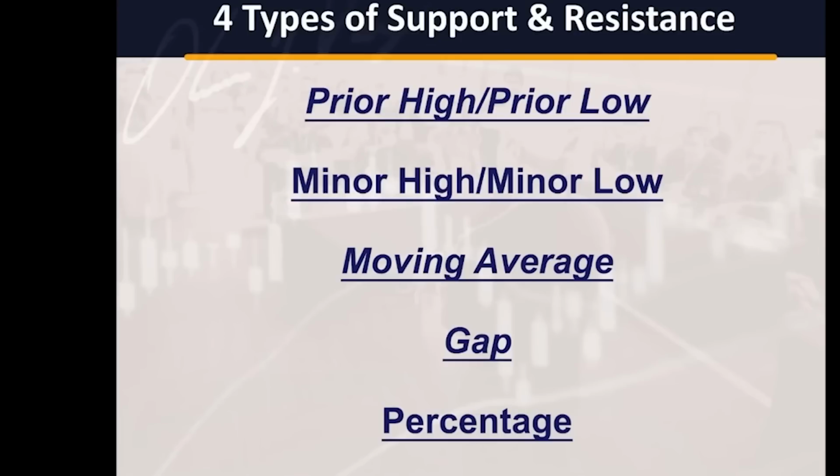And then of course, you have gap support, gap resistance. And then you have percentage support and percentage resistance. I believe I might be able to point to all of them today, but I will definitely zero in on the most frequently occurring types of support and resistance.